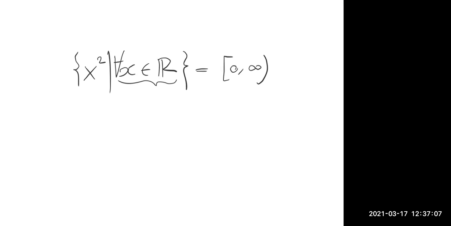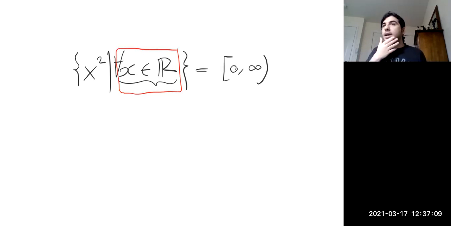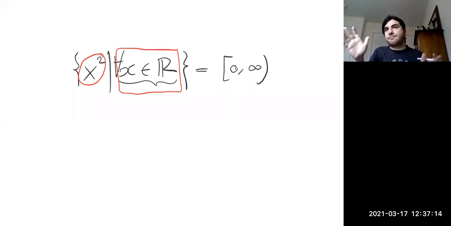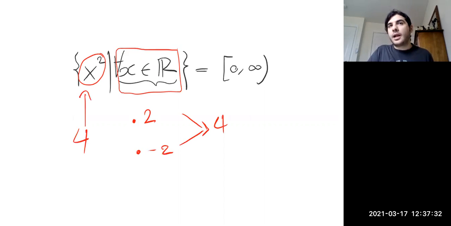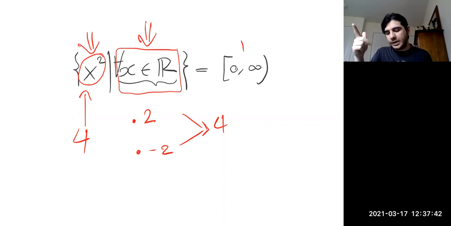So one fact is that when I say every X in R, it doesn't mean the result is all of R. The other, why is that true? Why is it not all of R? Because there are different elements like 2 and -2, which when I look at X squared, both of them go to 4. They correspond to 4.